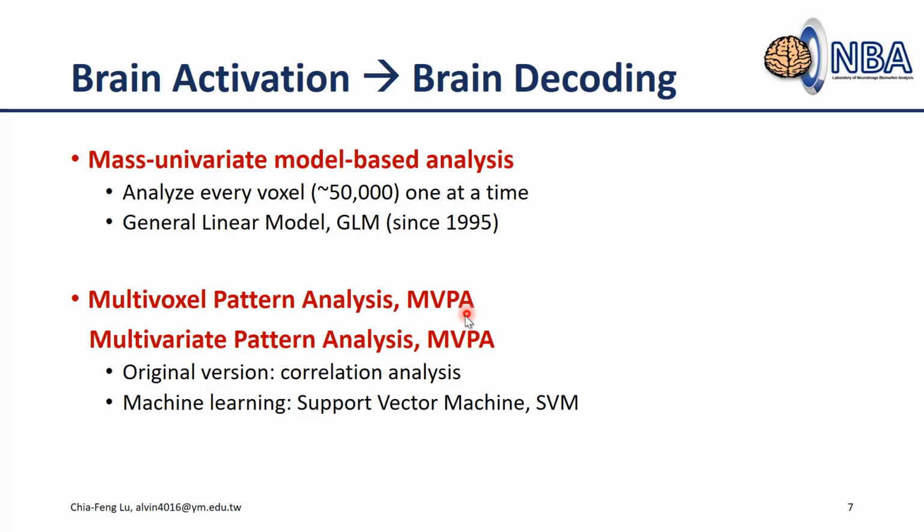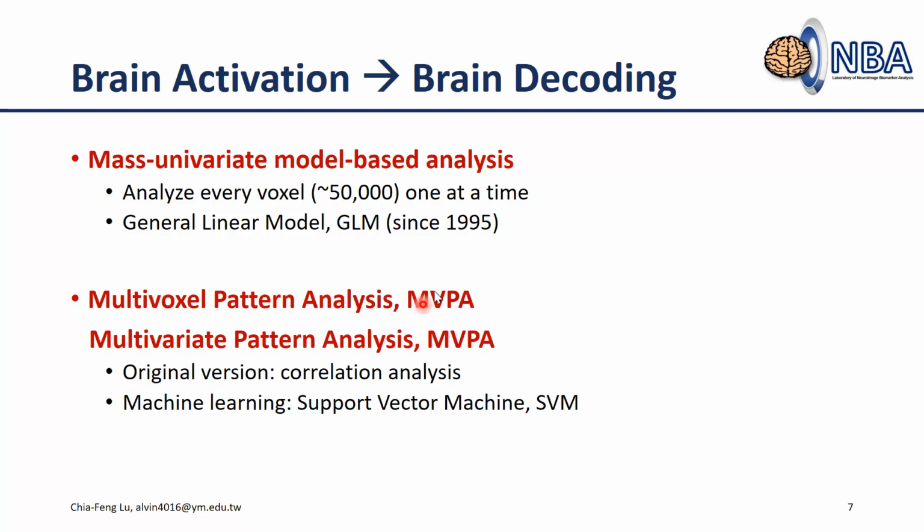However, in the very beginning, MVPA didn't represent multivariate pattern analysis. In the very original paper, whose name I forget, they actually used the term multivoxel. This V is the voxel, not the variate, because they tried to search for a pattern including several neighboring voxels within a region. So they said this is a multivoxel pattern analysis.